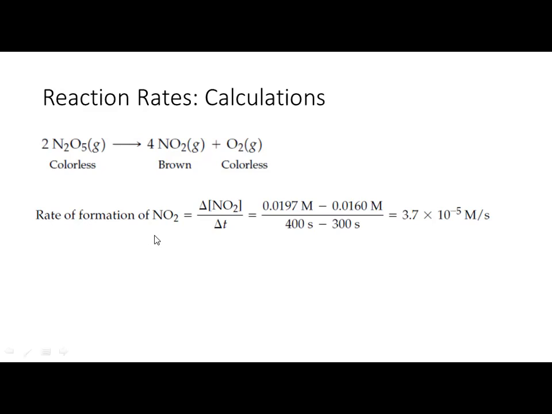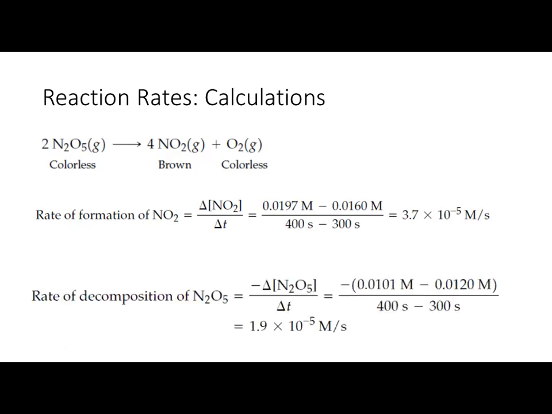This is the rate of formation of NO2, and this is the rate of decomposition of N2O5. But the way to calculate is the same. There is no change. What we are going to do over here is just subtract the lower value from the higher value, in case of the concentration and in case of the time as well. And this is the rate of decomposition of N2O5.